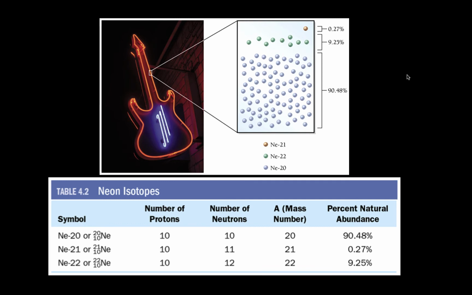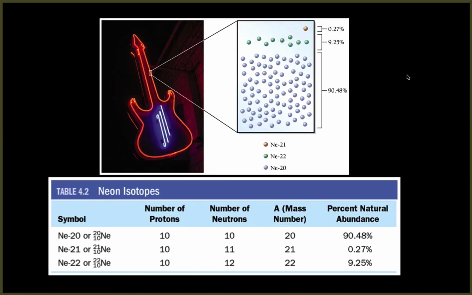Here's another example. Most samples of an element contain their isotopes. So if you're looking at a neon sign and it's filled with neon, neon has 3 naturally occurring isotopes. You can see neon-20, neon-21, and neon-22. You can see that neon-20 is the most abundant isotope.